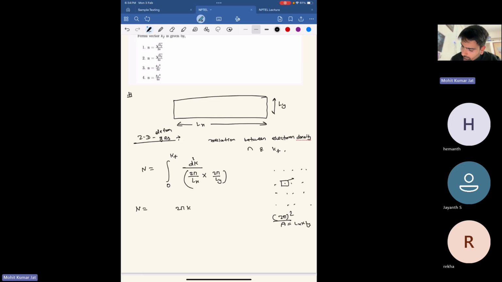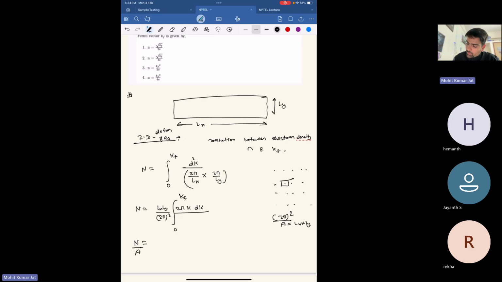So 2 pi k dk, I can take these out, so Lx times Ly by (2 pi) squared, and I integrate from 0 to kF. Lx times Ly is nothing but area.